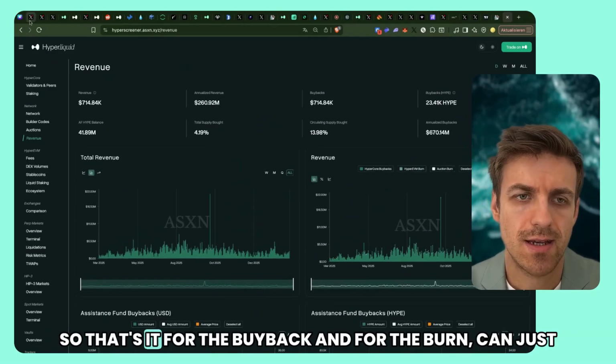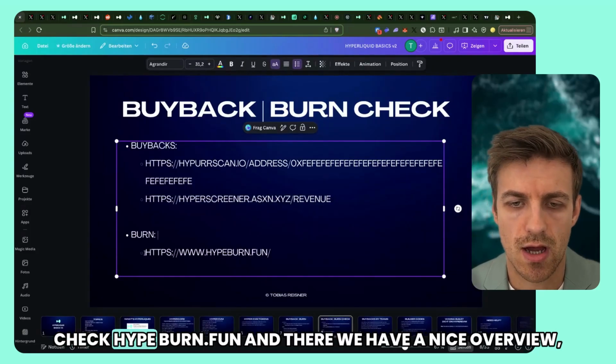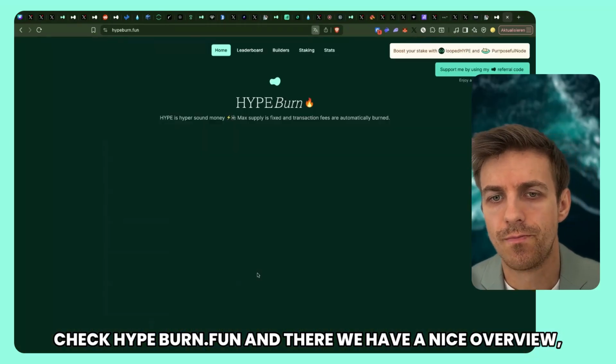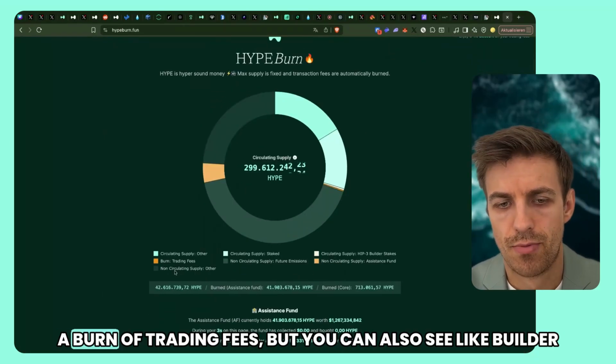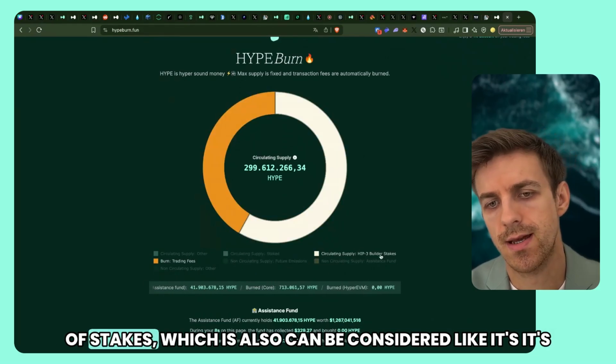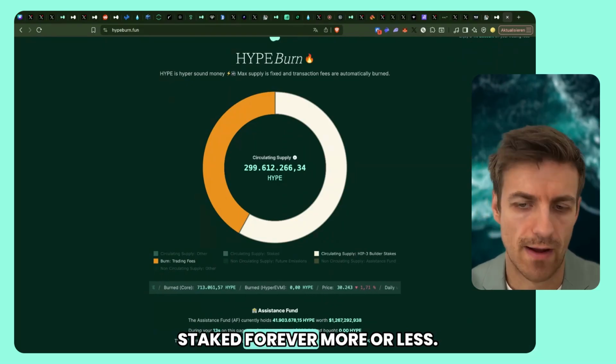So that's it for the buyback, and for the burn, you can just check hypeburn.fun, and there we have a nice overview, not just of the burn of trading fees, but you can also see builder stakes, which can also be considered staked forever more or less.